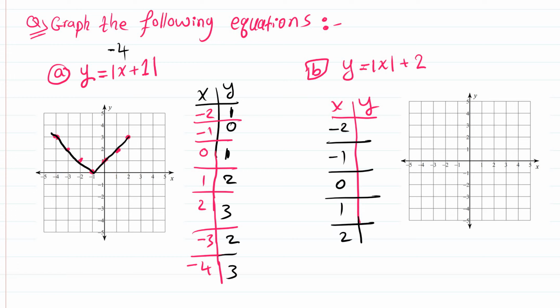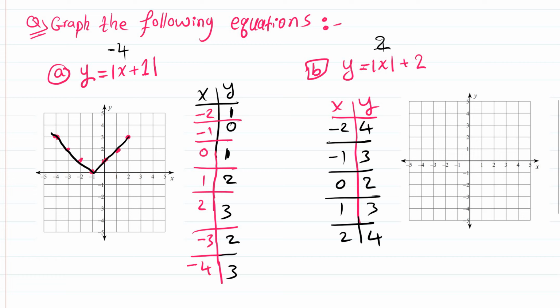Now if you input negative 2 here, the absolute value of negative 2 is going to be 2, plus 2, the answer is 4. Negative 1 here, going to be 1, right? Plus 2, 3. Then substitute 0, equal 2. Substitute 1, 1 plus 2 equal 3. Then substitute 2 here, the answer is going to be 4.